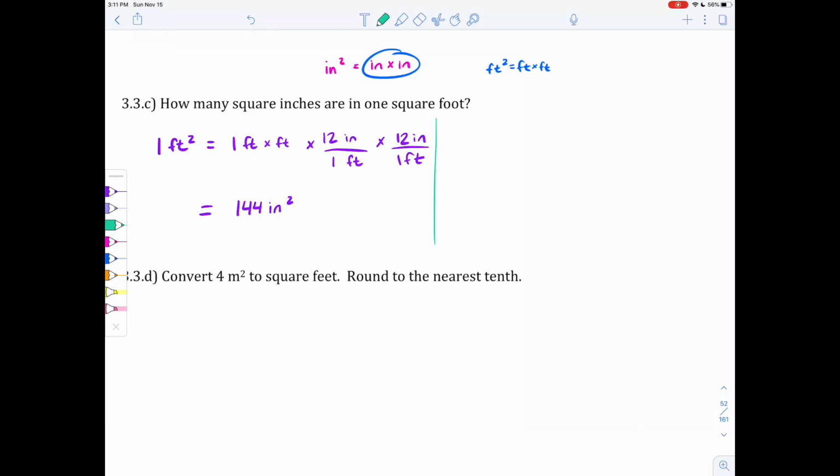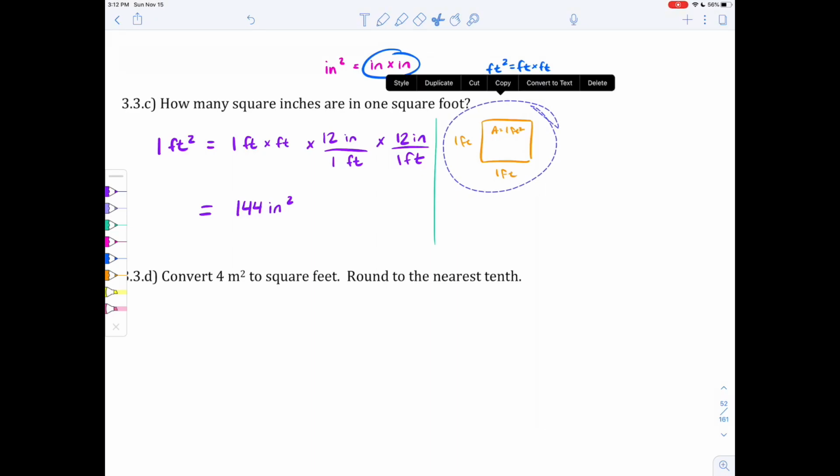But we each have our own preferences. For me, I like to actually picture this 1 foot by 1 foot box and know that this thing has an area that's equal to 1 square foot.